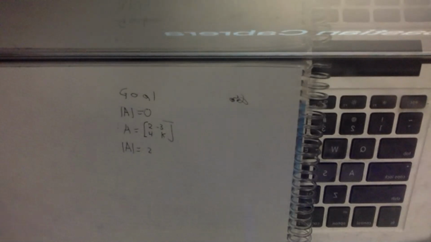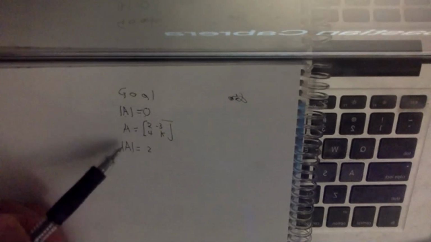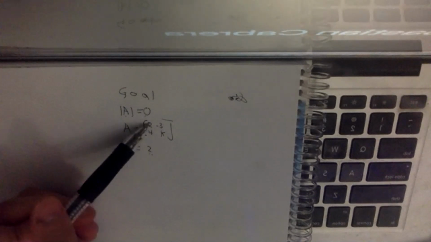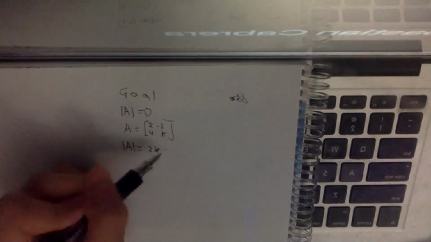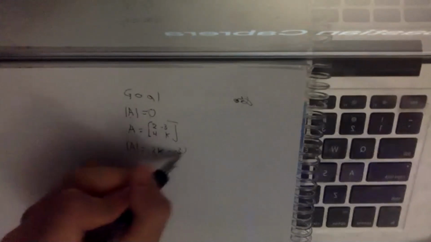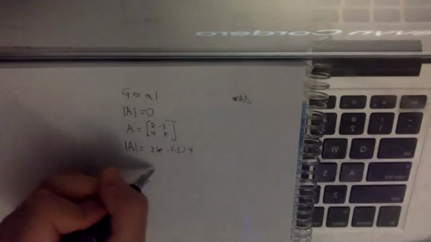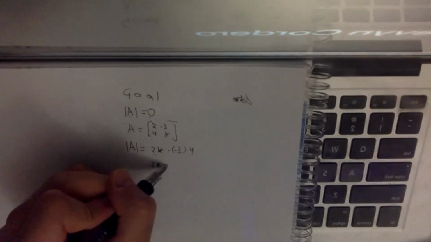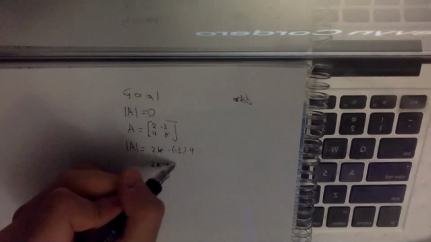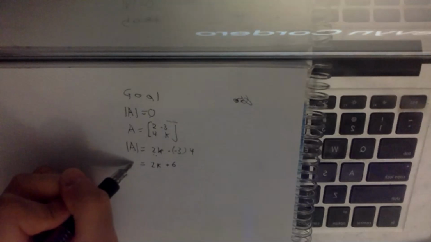All right, so that's the goal. Determinant of A equals 0. It's your A matrix. Determinant of A is 2 times k minus -3 times 4. That's going to be 2k plus 6 equals 0.